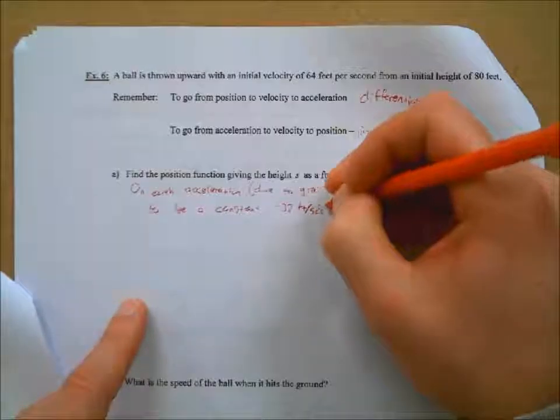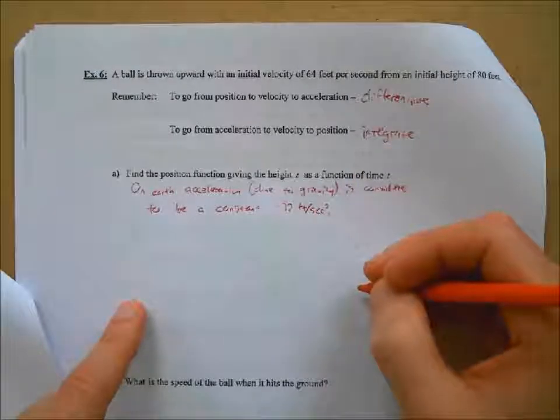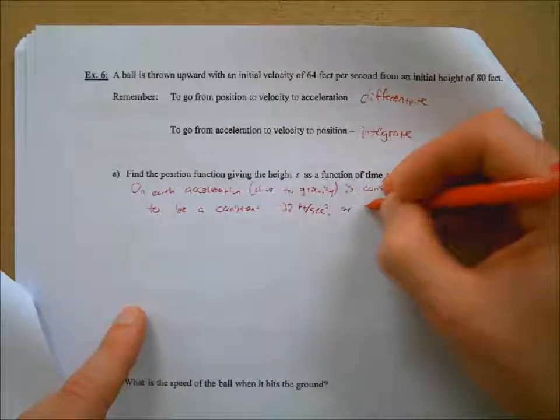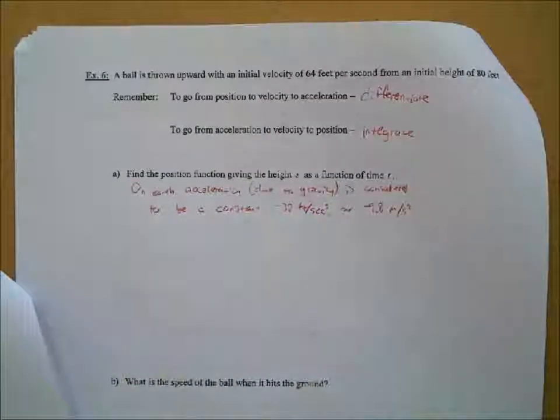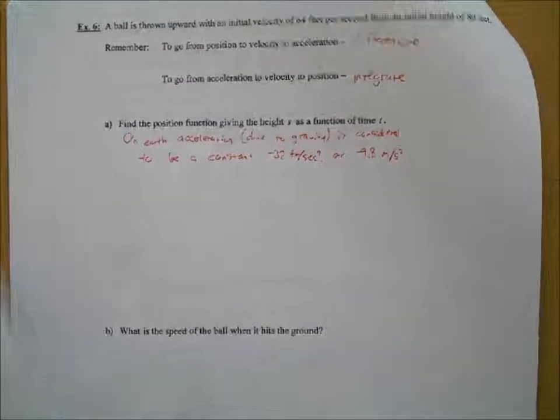Hopefully I didn't offend any physicists in here by doing feet per second squared. Or negative 9.8 meters per second squared. There, much better, right? Oh, don't use that feet stuff in here.